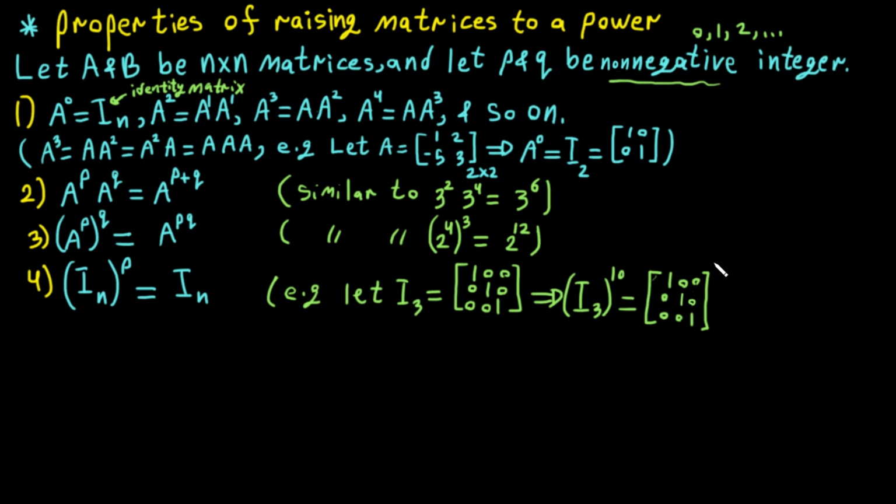So we took the power 10 of this matrix, which is the identity matrix, and the result is this one. So the exponent on an identity matrix does not affect the identity matrix. Now let's write the fifth property.